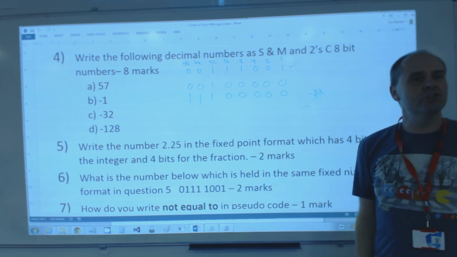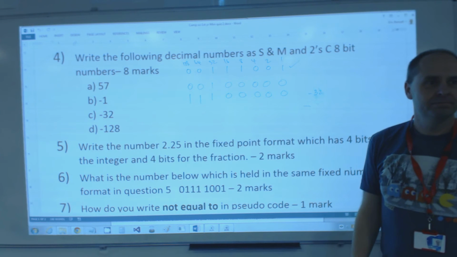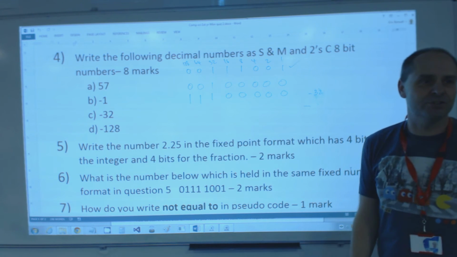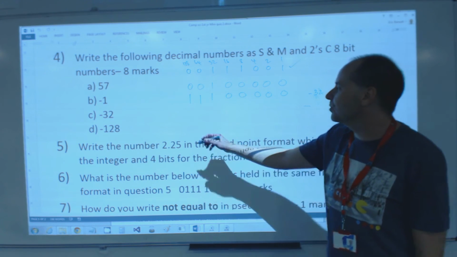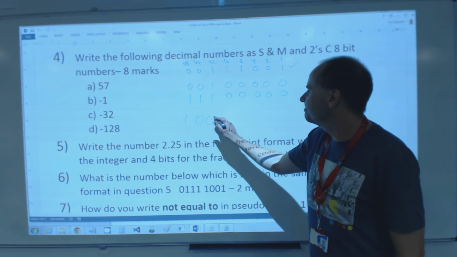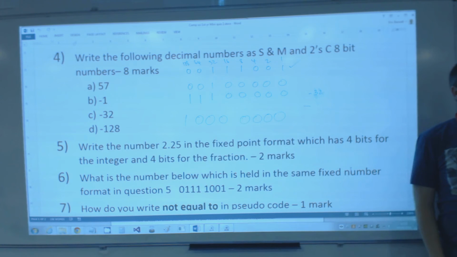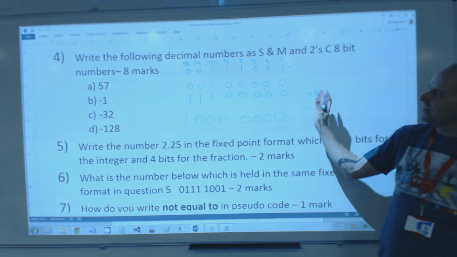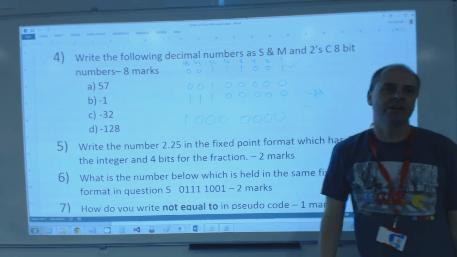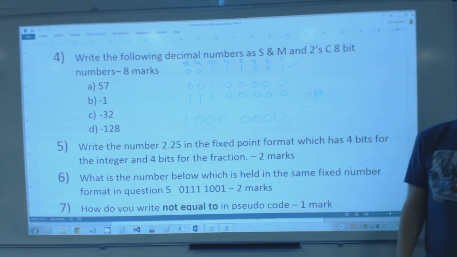Okay, and then minus 128. You can't write minus 128 unless you know it. Minus 128 is that. It is the equivalent of minus 0 in sign and magnitude. We use it to say, okay, in 2's complement we get an extra negative value.